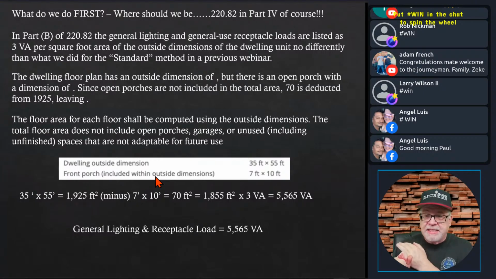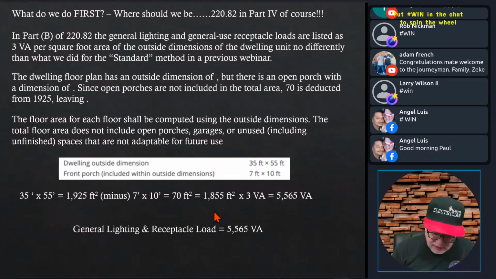So we're going to do 1,855 times 3 VA, because that's what it tells us in 220.82(B)(1), following along in your code book. Times 3, that's 5,565. So that is our general lighting and general use receptacle load.